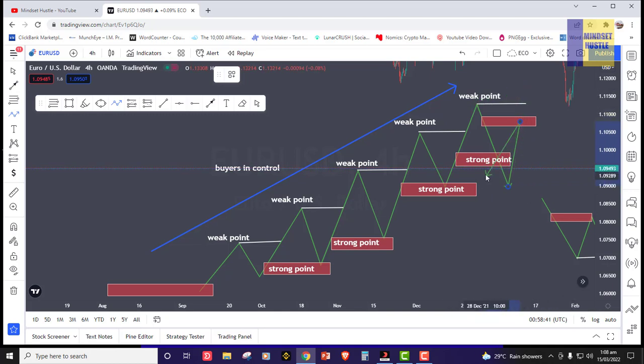Then we say okay, then market just did a deeper retracement here. But once market breaks this guy, comes back into the created supply zone here and break structure here, then we know that now supply is in control, and demand has become what? Weak point, which we'll be looking at in the second illustration.